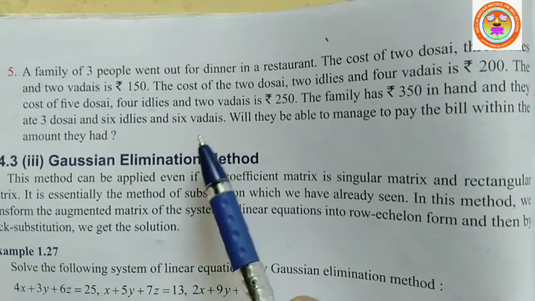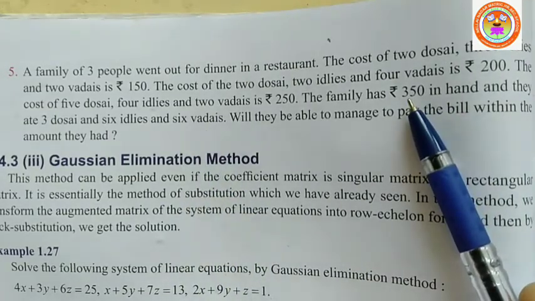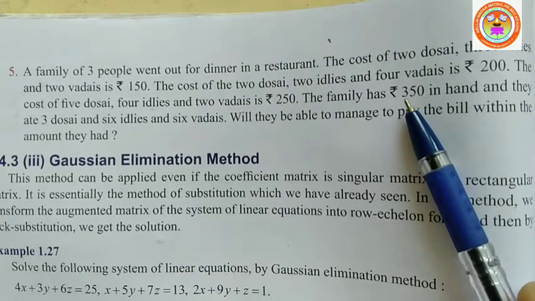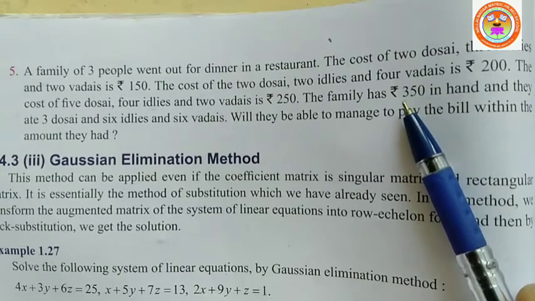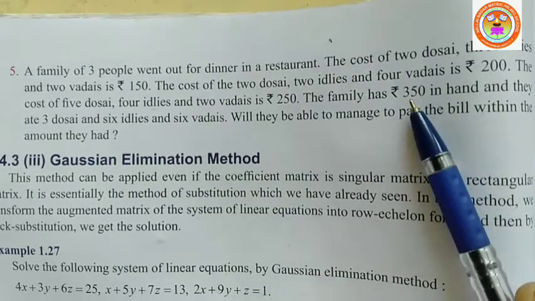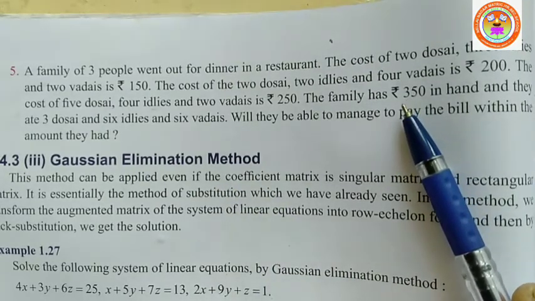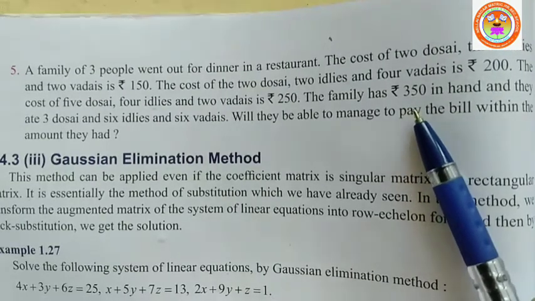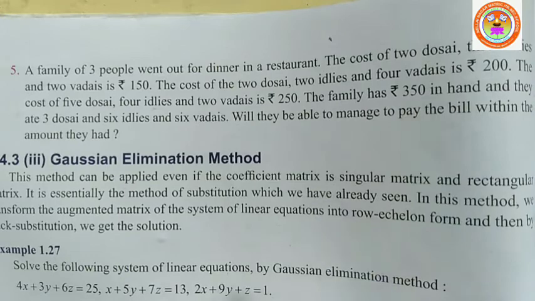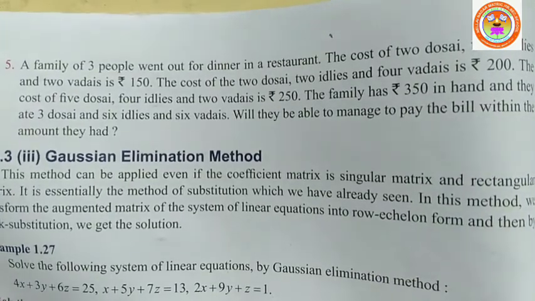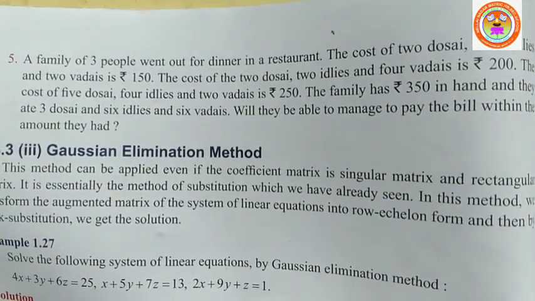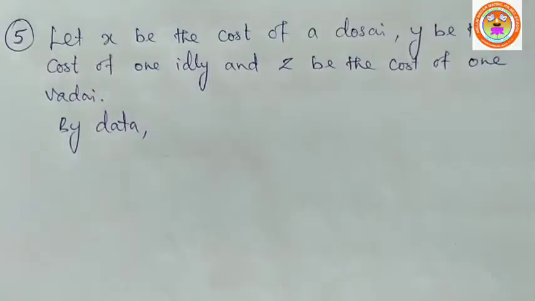If it is more than this amount, then we can conclude that they can't pay the bill, right? If that amount is less than this amount, 350, then we can say yes, they are able to manage the bill. Is it okay? Okay. Now let's move on to solve the sum.